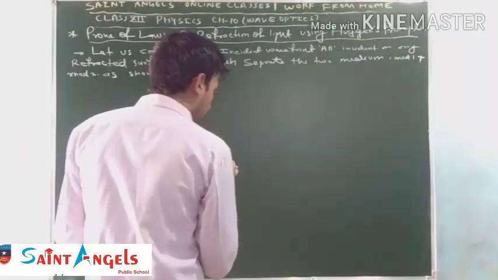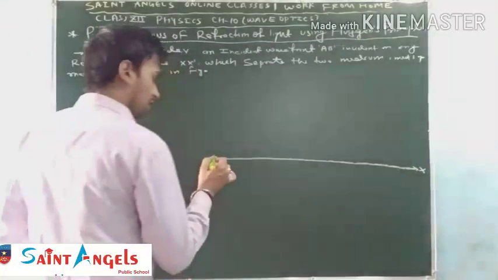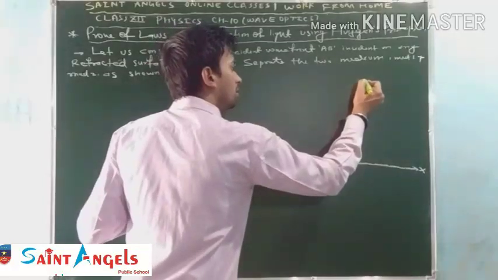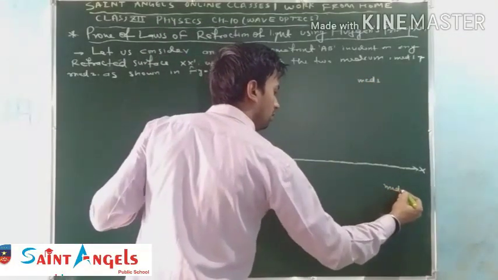Student, consider a refracting surface XX dash which separates two media. This is the medium first and medium second.